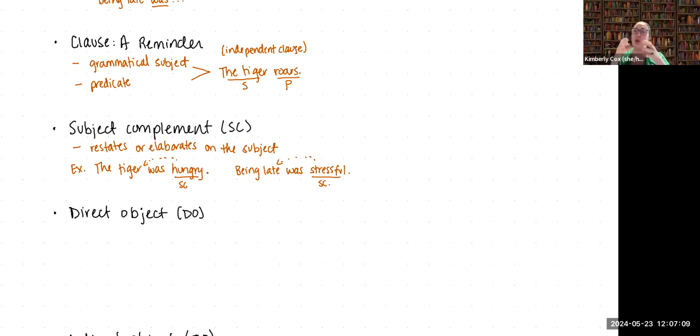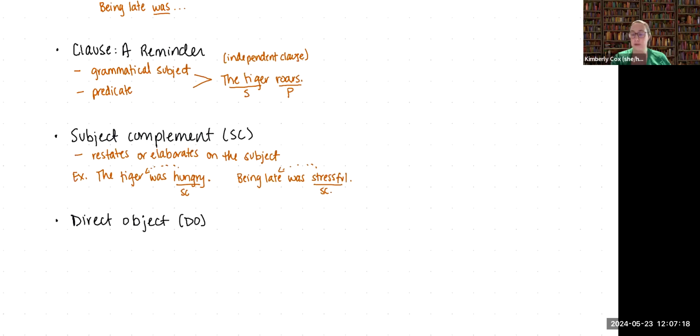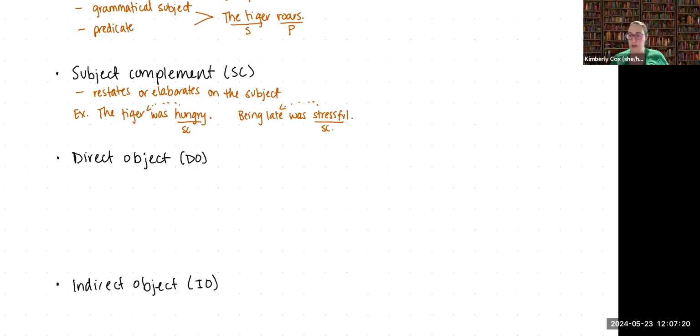It's just important to know what parts of a sentence belong to which parts. So here, what we have is a subject complement, and that is going to be quite different from looking at a direct object. A direct object can be identified because it differs from the subject.